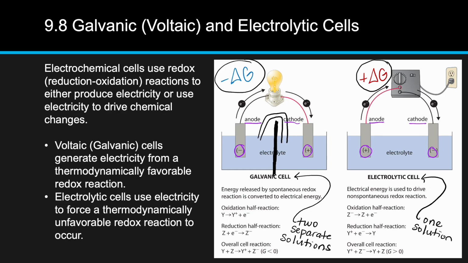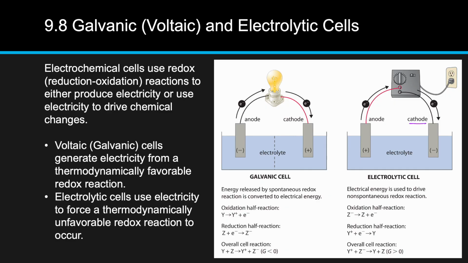And that has everything to do with whether it is spontaneous or not spontaneous. So because our voltaic cell is spontaneous, the anode is essentially very negative, producing those electrons, and then it's going to move to that positive side, where in an electrolytic cell, that battery or electrical source is literally pulling the electrons from the anode, so it creates a positive electrode.